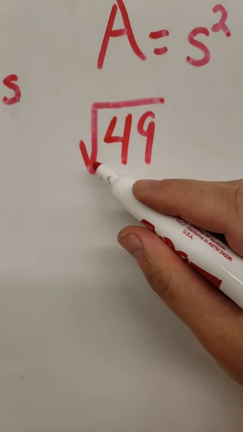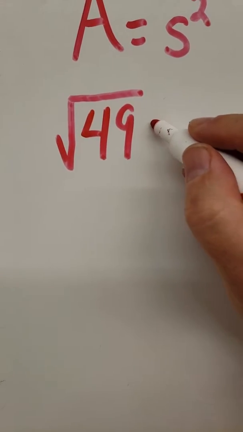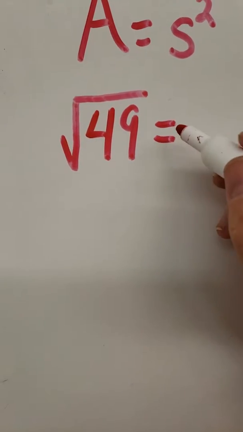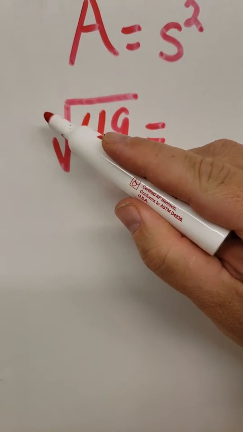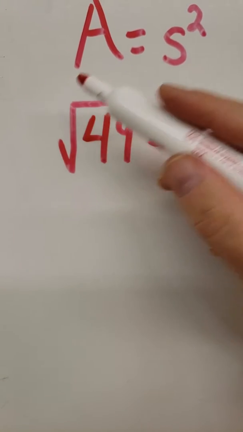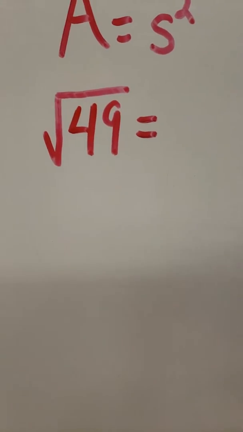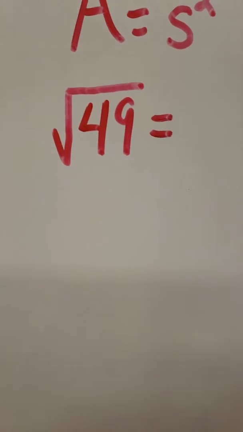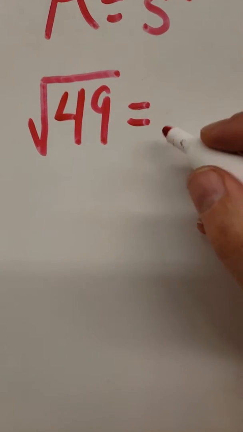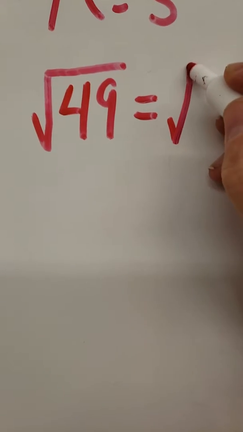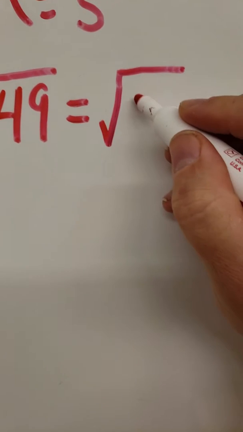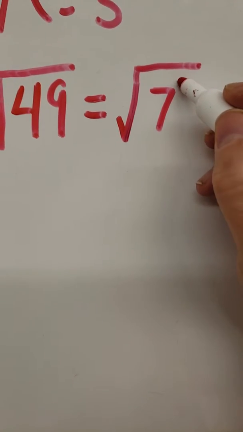So this sign is called the radical sign, and it means that we're doing a root, and we're doing the square root because we don't see any number over here to make it distinguishable from being the third root, fourth root, fifth root. So it's automatically the second root, or what's known as the square root. So what we said is that 49 is the same thing as saying 7 squared.